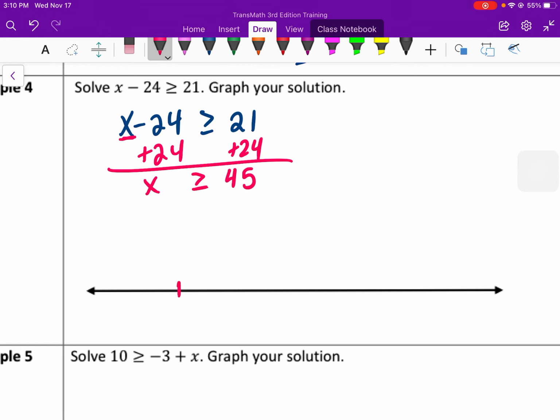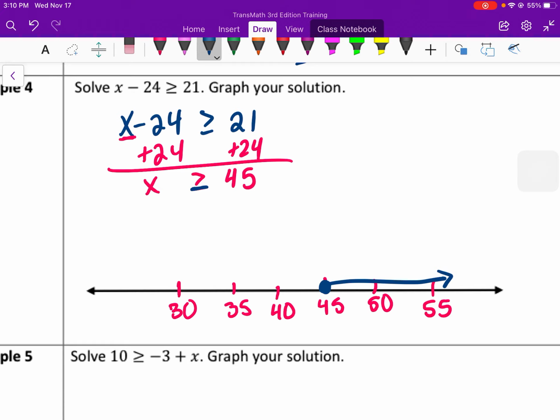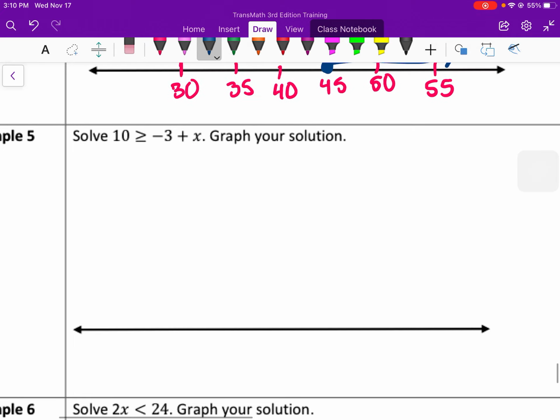There's no other steps here, so I'm going to start at 30 and count up to 50 by 5s, just so I can get a nice range of numbers on my number line, and 45 is in the middle. And then it is a closed circle because we have equal to, and it says x is greater than or equal to 45, so you'd go to the right.